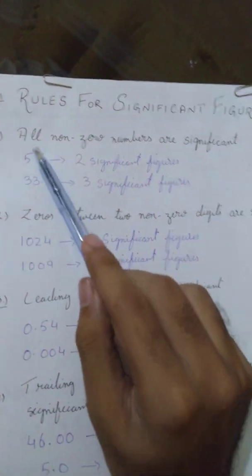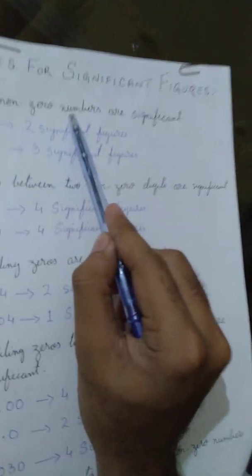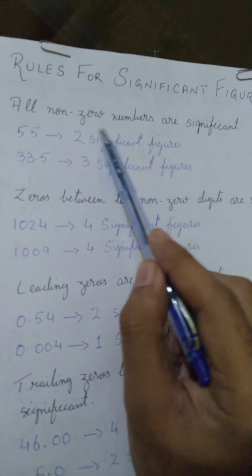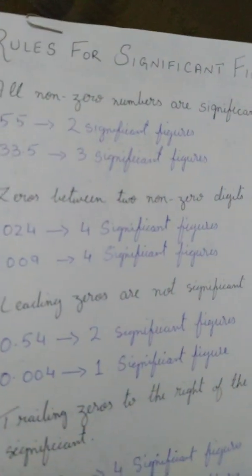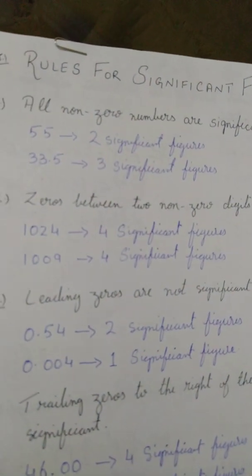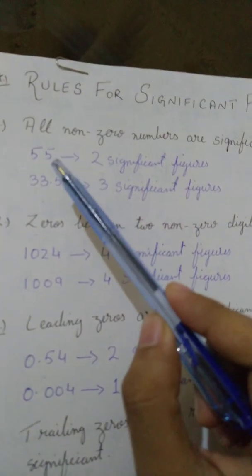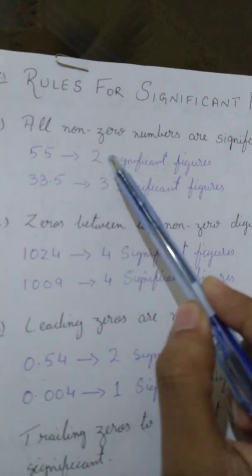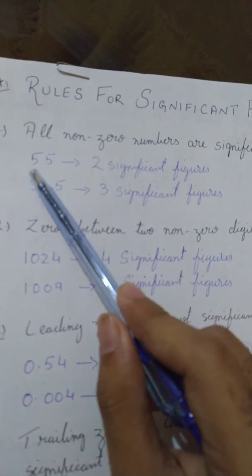It says all non-zero numbers are significant. Non-zero numbers are the numbers which are not zero, so all the numbers apart from zero are non-zero numbers. You can see here the number 55 has two significant figures, 5 and 5.